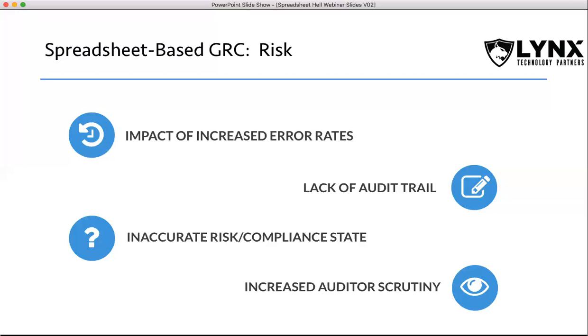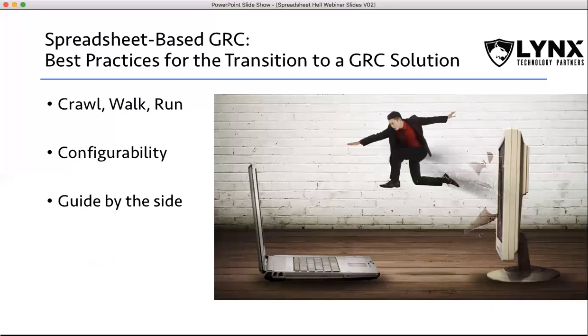Yeah, definitely the case. And when you look at this, I think we've done a fairly good job at looking at the challenges with using spreadsheets as your main GRC tool. I'd like to shift gears now and talk just briefly about what we do if an organization is using spreadsheets and starting to see that the complexity, costs, and risk factors are impacting the business.